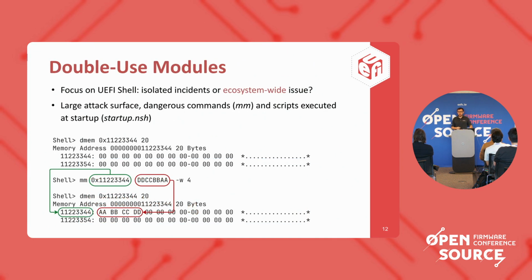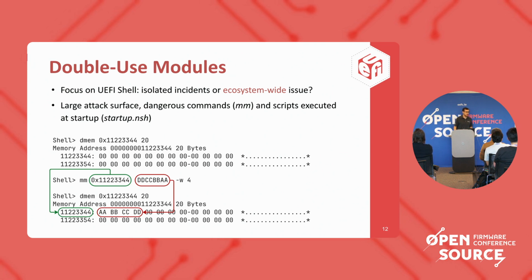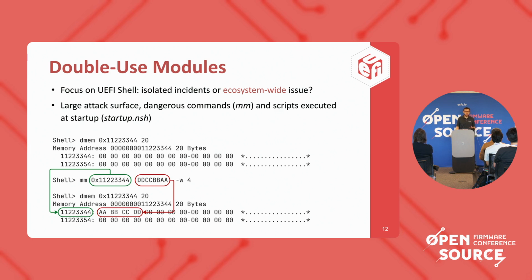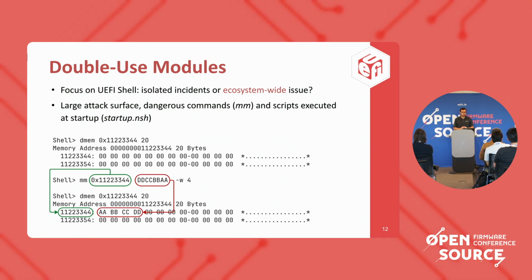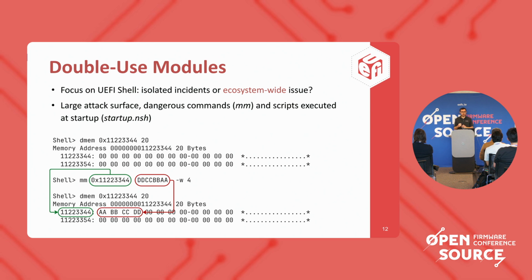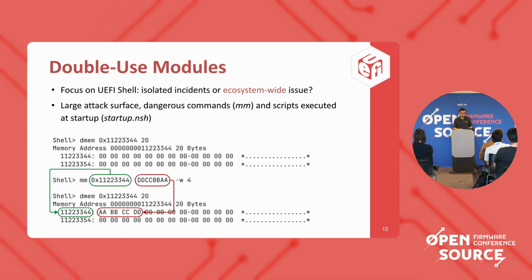In terms of dual-use modules, instead, we focused on the UEFI shell. This is because the UEFI shell has been found in the past, in a few isolated incidents, to be signed with some of the keys trusted by firmware, right? And we chose this target also because the UEFI shell has a very large attack surface.